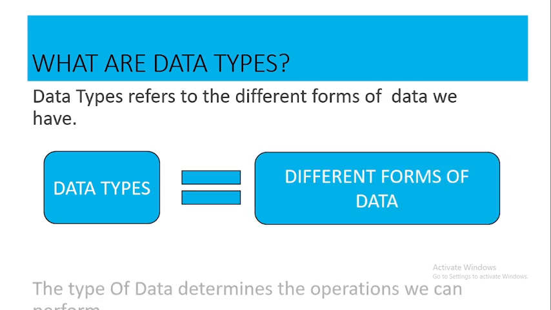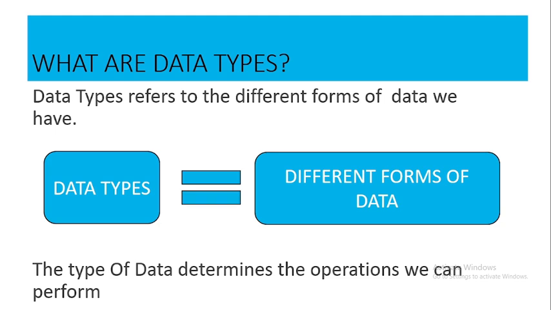So the type of data determines the operations that we can perform. The state in which a data exists actually determines the operations that we can perform with such data.